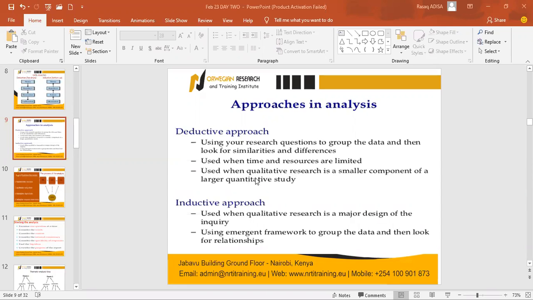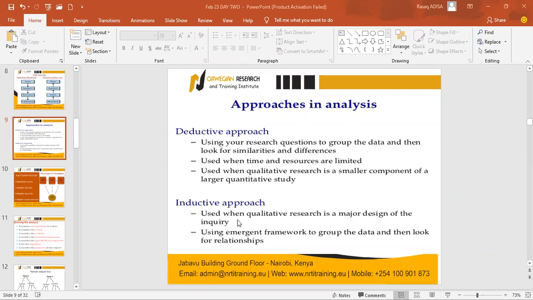Use deductive when qualitative research is a smaller component of a larger quantitative study, meaning that you can use it when the qualitative aspect of your mixed method is just to complement the quantitative. If quantitative is your main research and you are only using qualitative to support, then you can use deductive, just as I've explained.